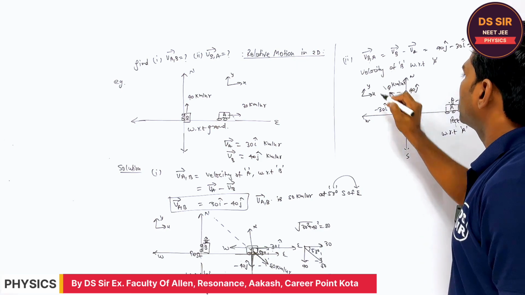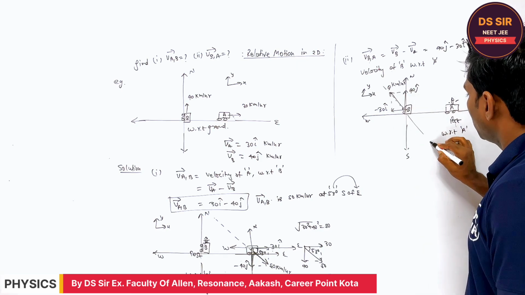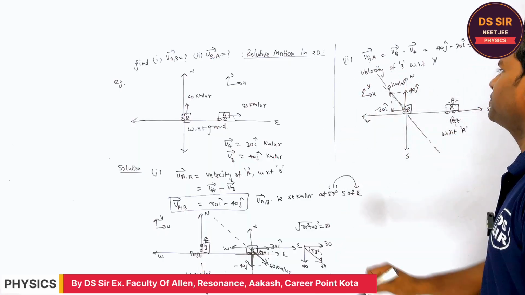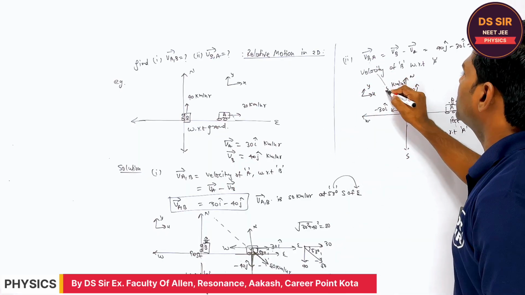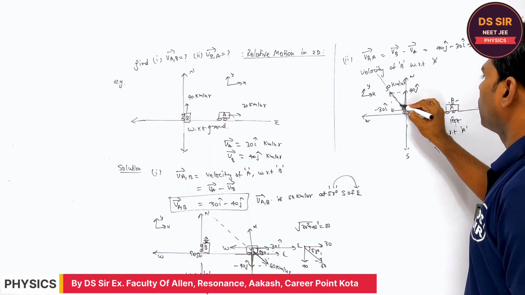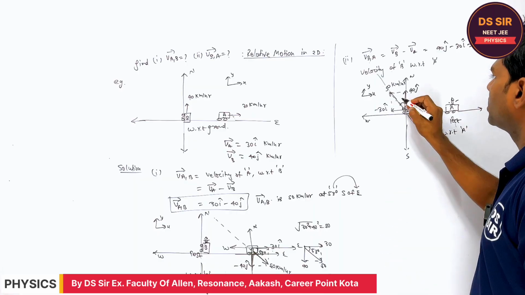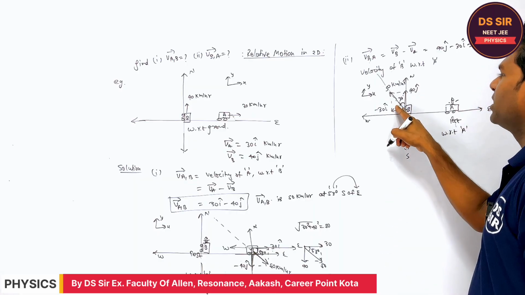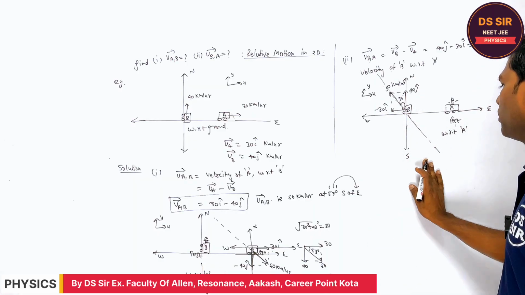So A is at rest and B is moving like this. Are you getting by what speed it is? Say 50. And what is this angle? You tell. This angle is 37 degree and this angle is 53 degree. So what will you say?